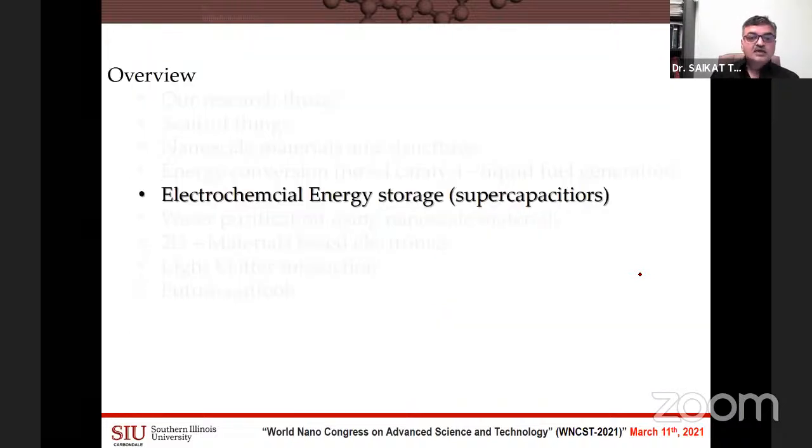Okay. Electrochemical energy storage, India has done a fantastic job in this particular field.